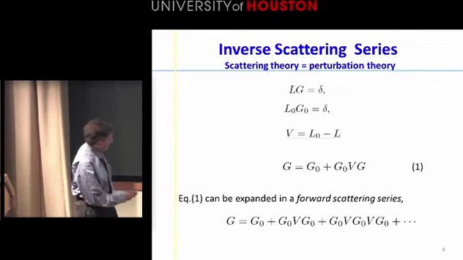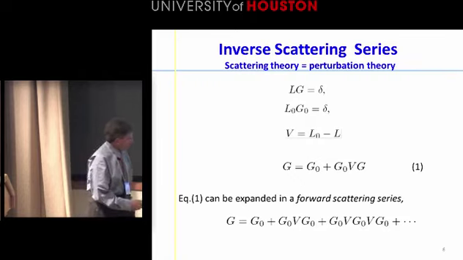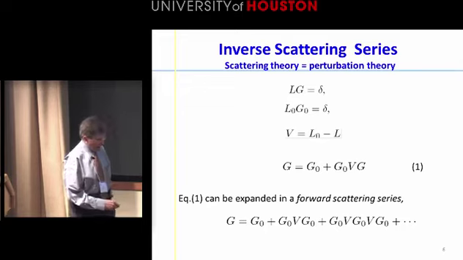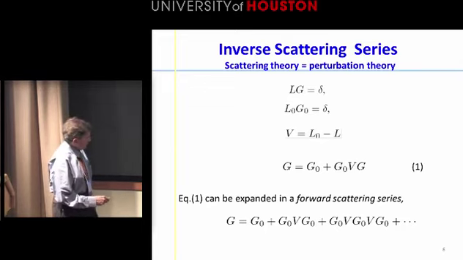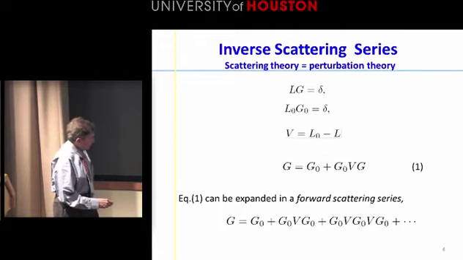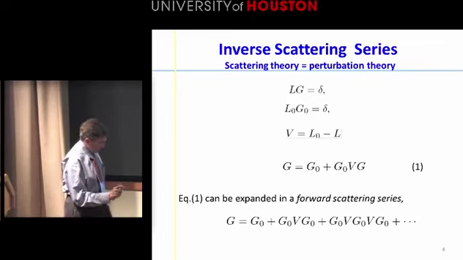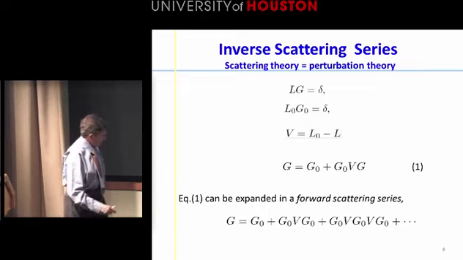The perturbation operator V is defined as the difference of these two operators, L0 minus L. And it turns out that this equation 1 is an identity between the new wave field, the original wave field, and the difference in properties, V, the difference between original and new properties.